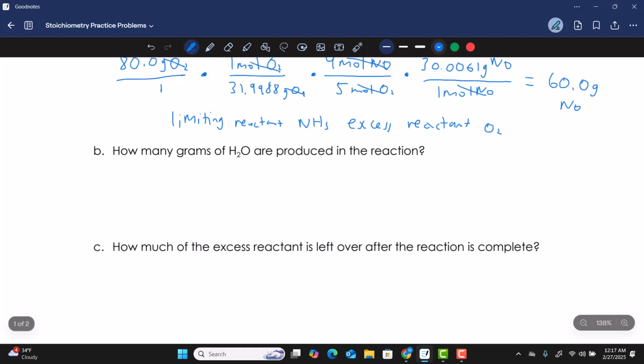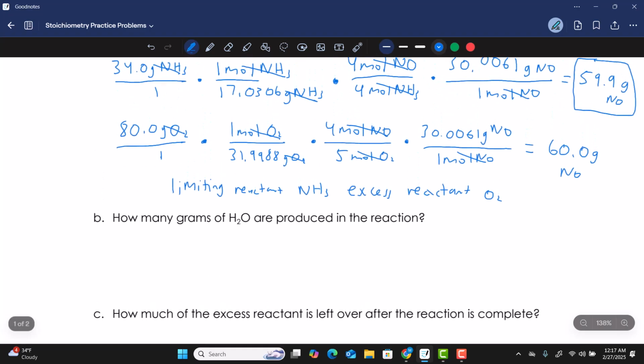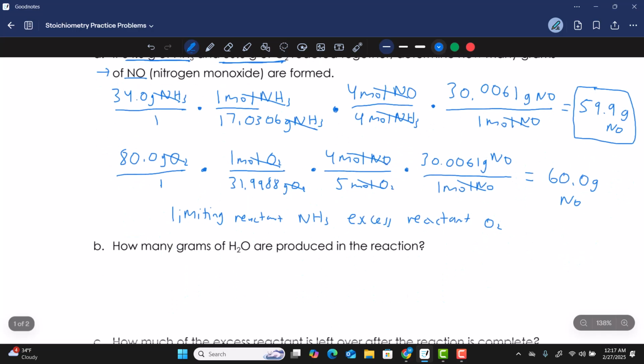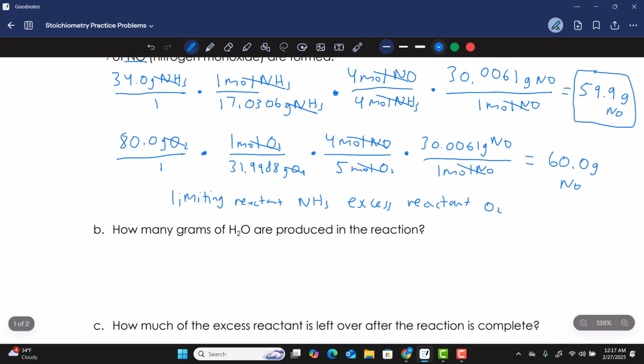So next we want to find how many grams of H2O are produced. So we would first start with the amount of the limiting reactant, which is NH3. So we have 34.0 grams of NH3. And then we would convert this to moles of NH3.